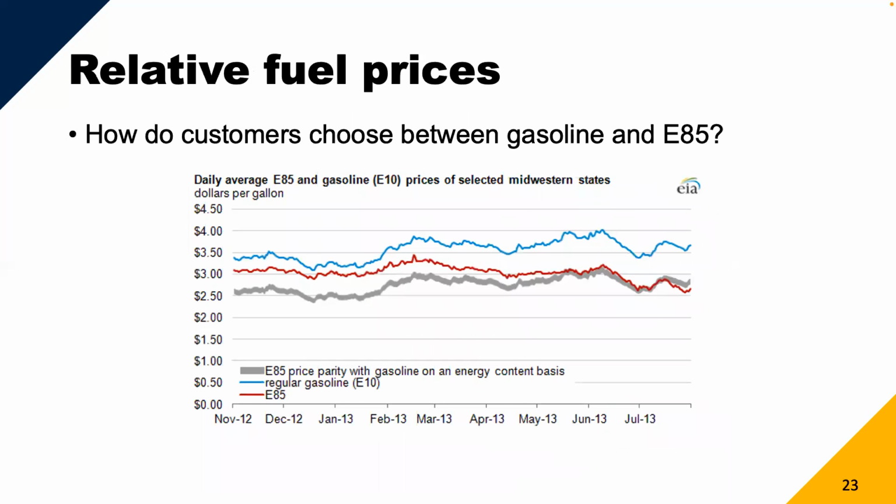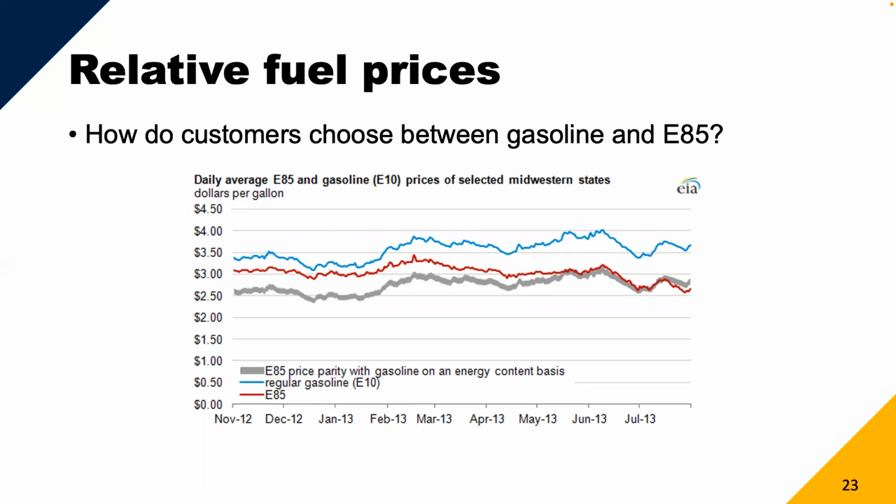Okay, relative fuel prices. How do customers choose between gas and E85? So this is, as I was mentioning, here's the price of gasoline in blue. In red is the price of E85, but because the energy density is lower, you may not necessarily prefer it.